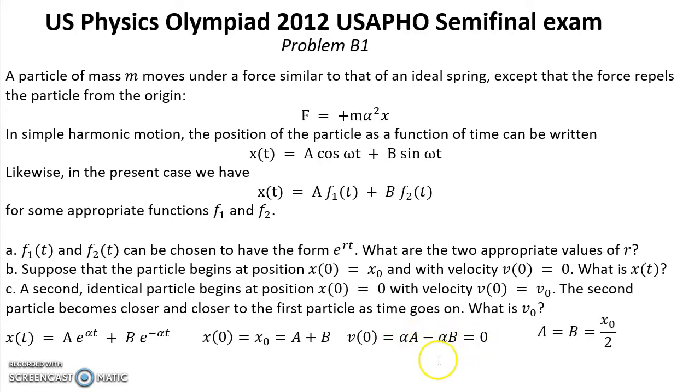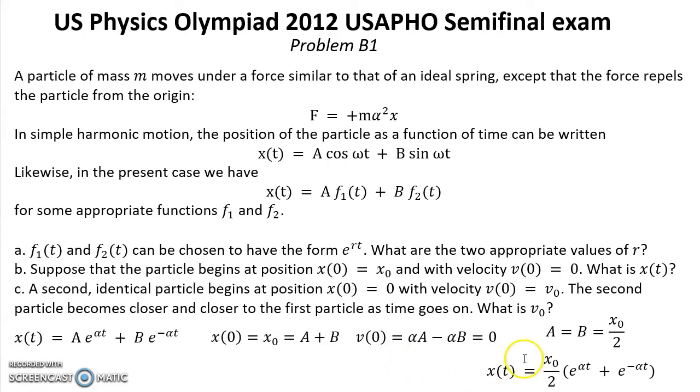Finally, we have a equal b equal x0 over 2, and the function will look like this. X as a function of t equal x0 over 2 multiplied by exponent power alpha t plus exponent power negative alpha t. So that's the answer for question B.